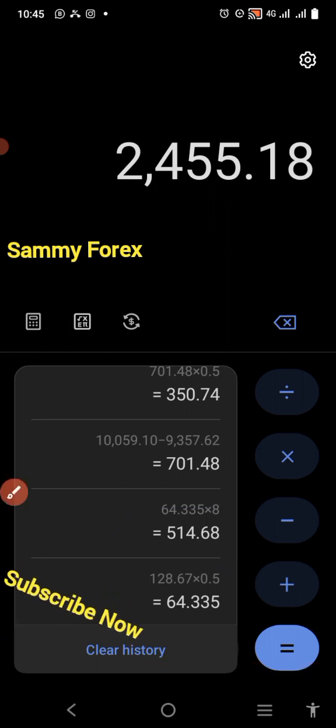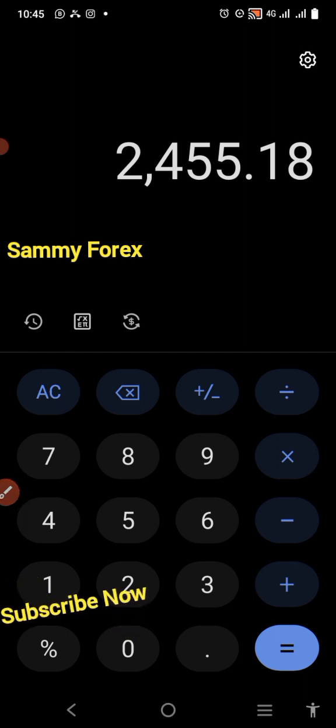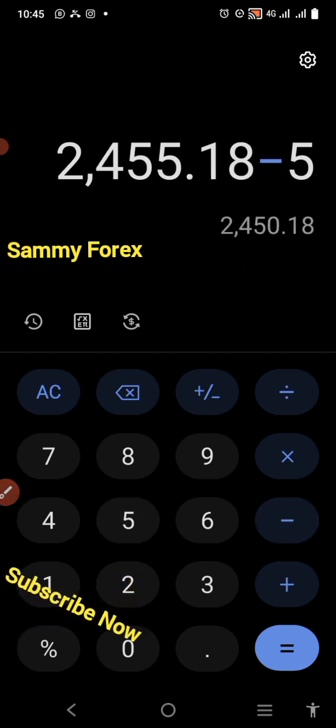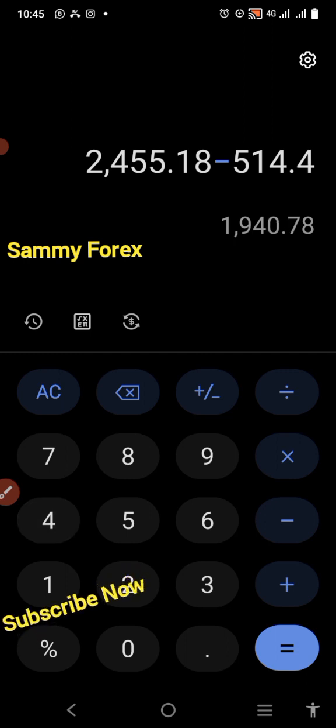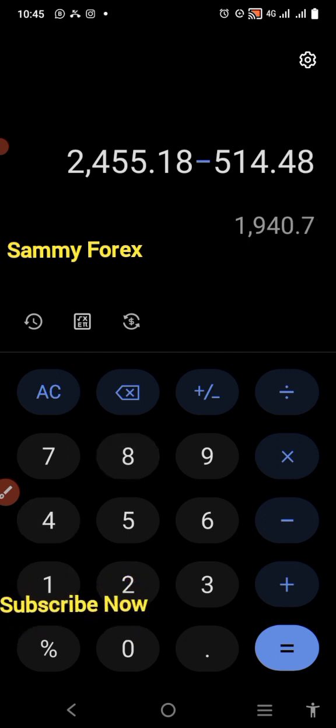If it goes our way, we'll make this. So you're risking 514 to make 2,449, which leaves a profit of $1,940.7. Have you seen? It's a very good business, almost 1:2, 1:3 and above.